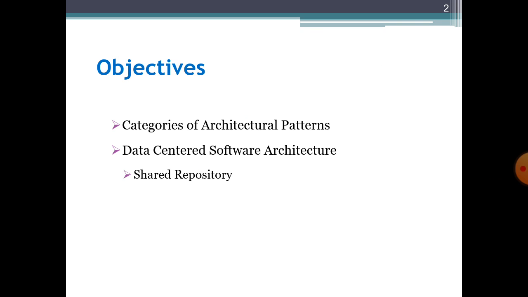Shared repository will be discussed in this lecture, and the second type, the blackboard architecture pattern, which is another type of data centered software architecture, will be discussed in the next lecture. So in this lecture we will discuss the shared repository architecture in very detail.